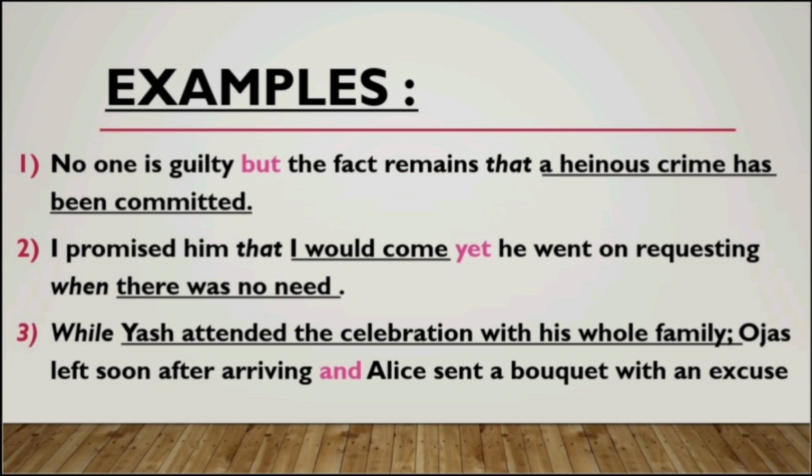Alice sent a bouquet with an excuse is an independent clause. So in this particular example, you have a subordinating conjunction while, one dependent clause, two independent clauses, and one coordinating conjunction and.